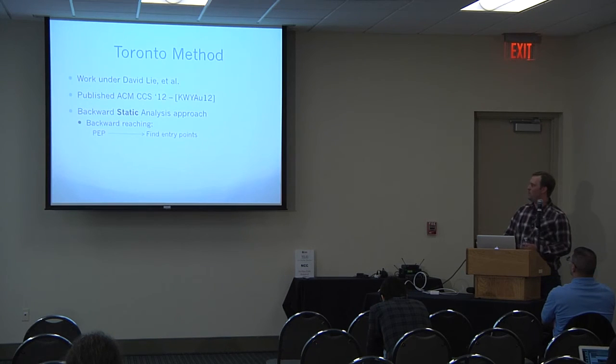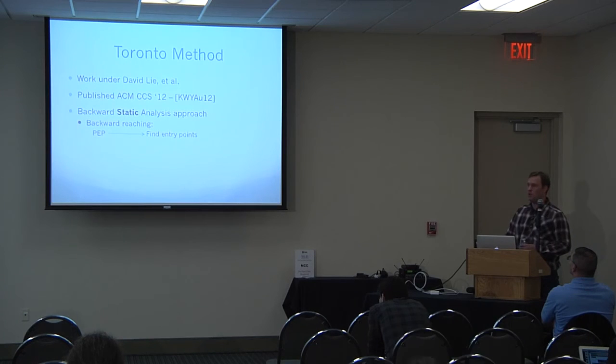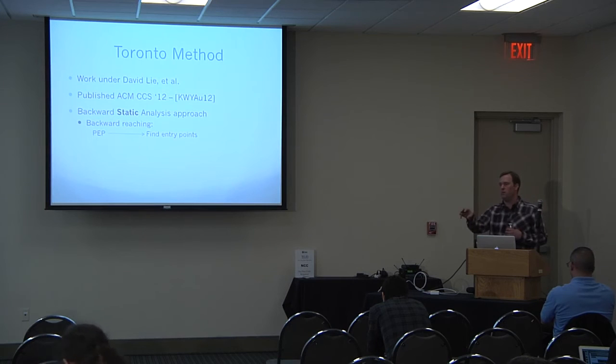So I'm going to mention this and skip over it due to time. The University of Toronto has done a backward-reaching static analysis approach where they use Soot to analyze the Android jar binary. Basically what they do is similar to us. They go from the PEP points back to the entry points. So they find all calling methods of a check permission case and compare any of those callings to API methods.